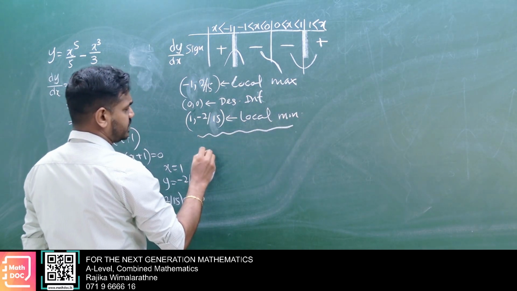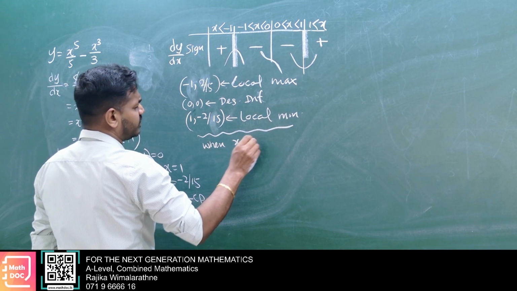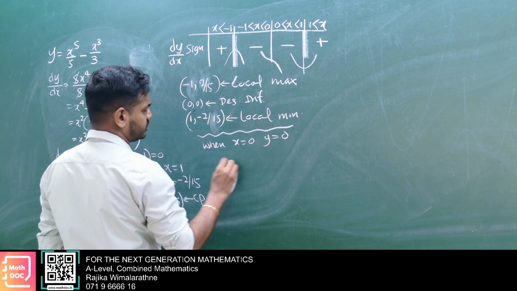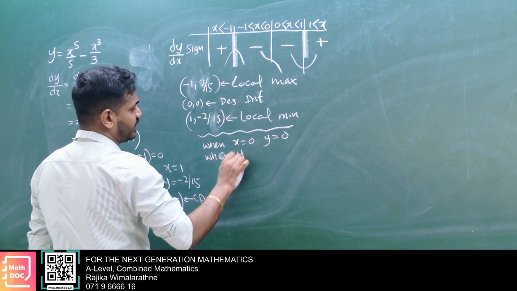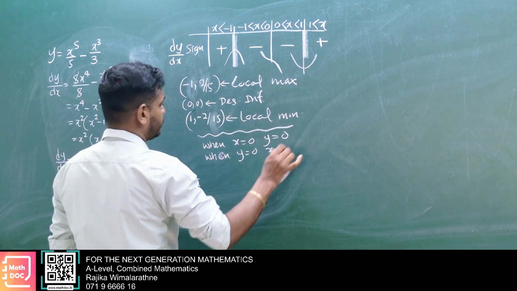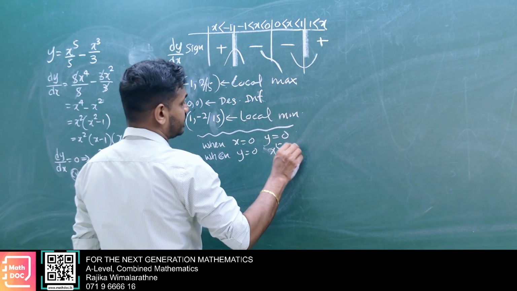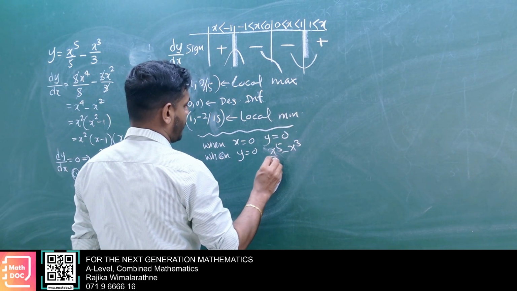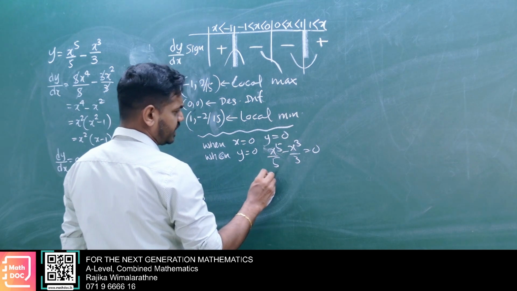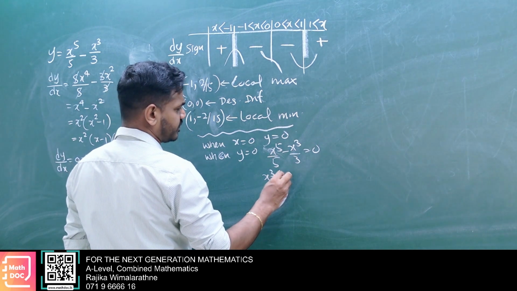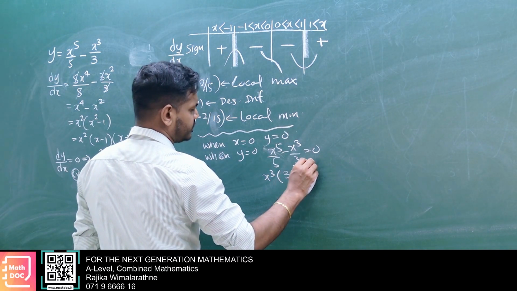Then find the intercepts. When x is 0, y is 0. When y is 0, we have to solve x to the power 5 over 5 minus x cube over 3 equals 0. Take x cube outside, then 3x squared minus 5.